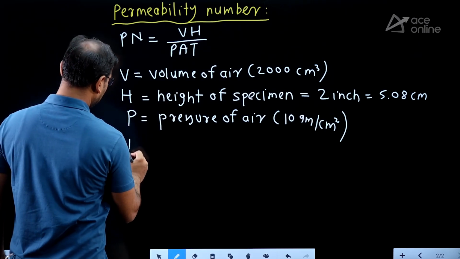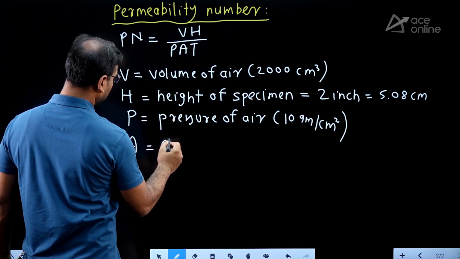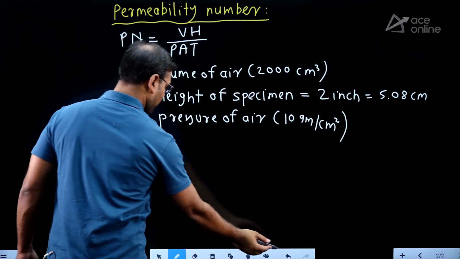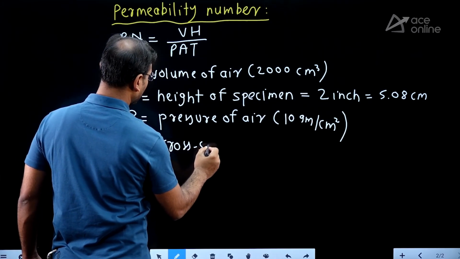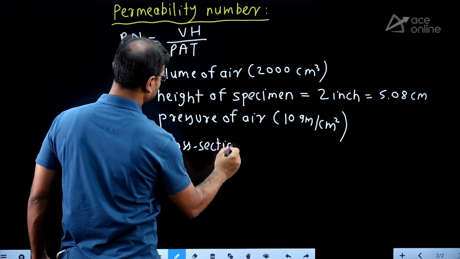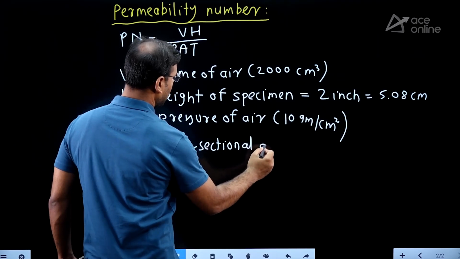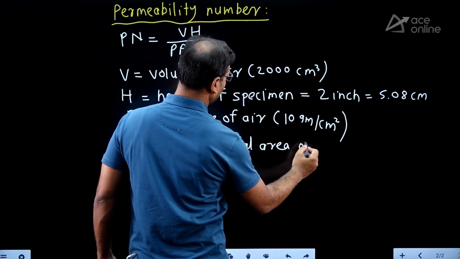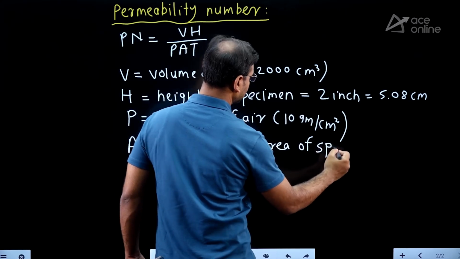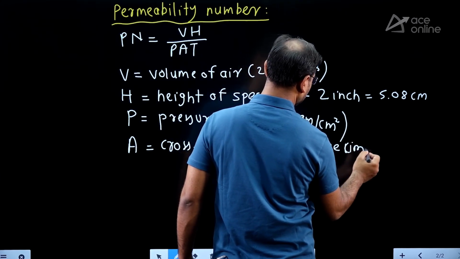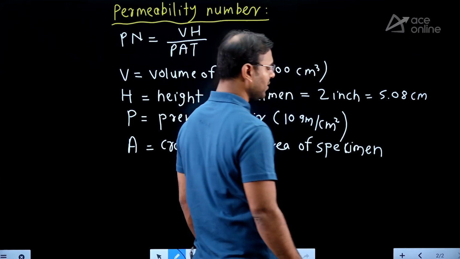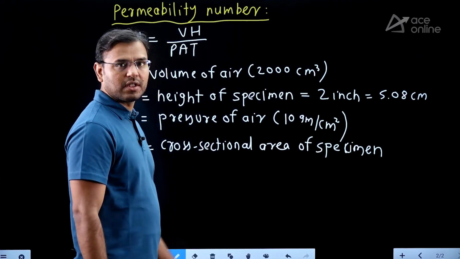Then what is capital A? Cross-sectional area of the specimen. Guys, what is the cross-sectional area of the specimen?